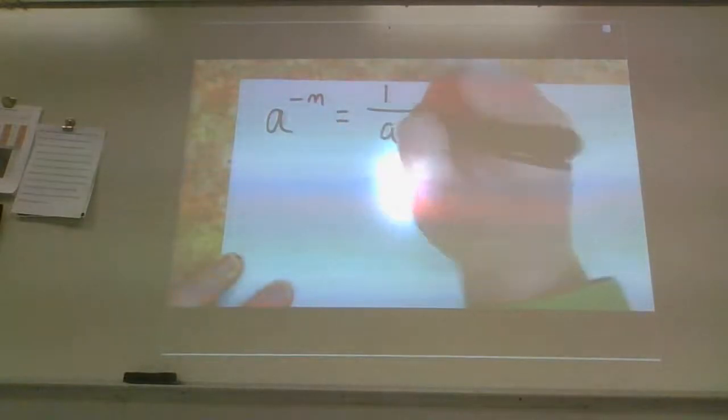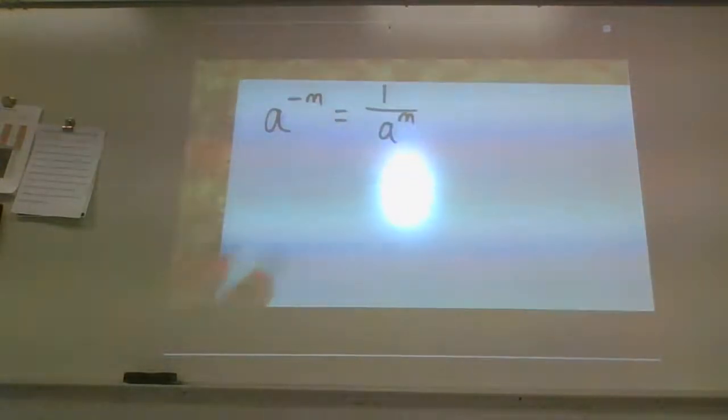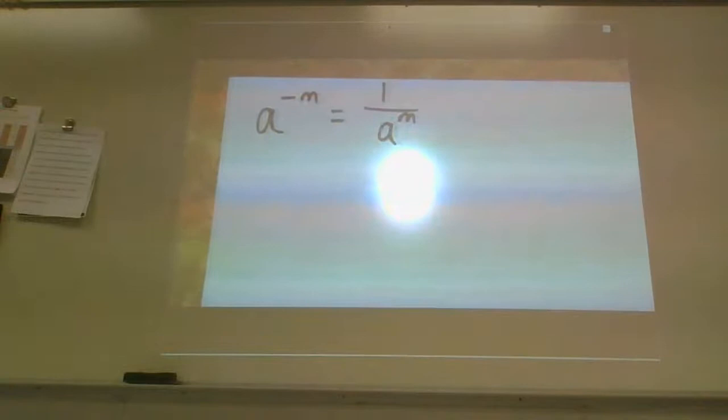Zooming out. Here we go. The property is this. This is that property.